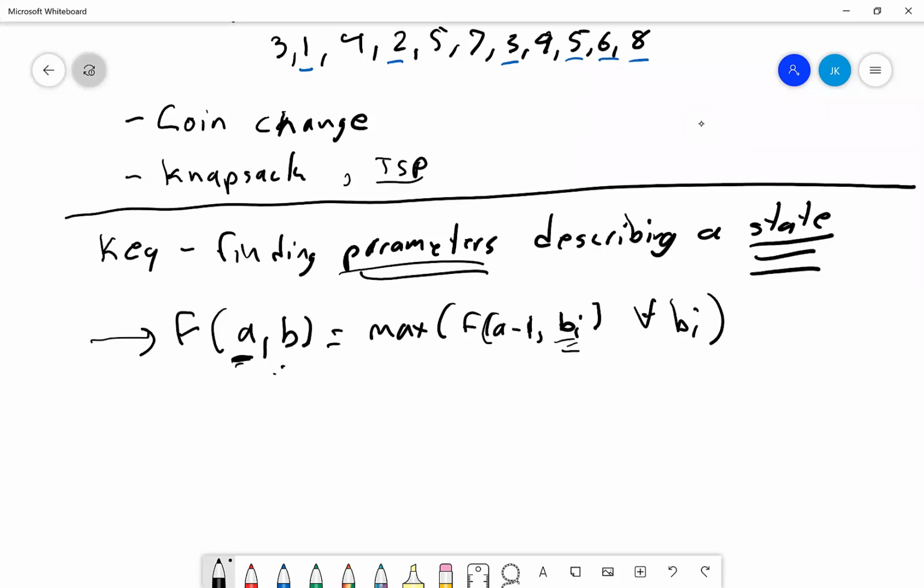In this case, you have 2 parameters, a and b, and depending on the problem, you'd have to figure out what a and b are. It's not going to be as simple as just a single number. For example, when we do coin change, one of the numbers says which coins we have used, and the other says what's the amount of money we need to make change for. And those numbers you can think of as decreasing or changing.